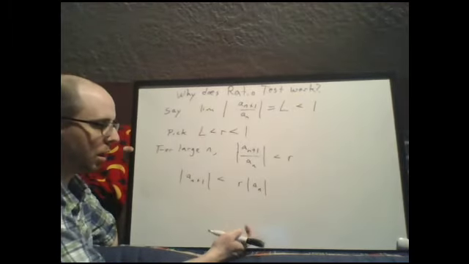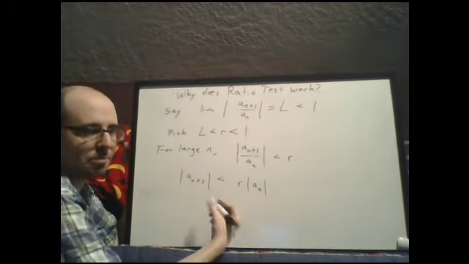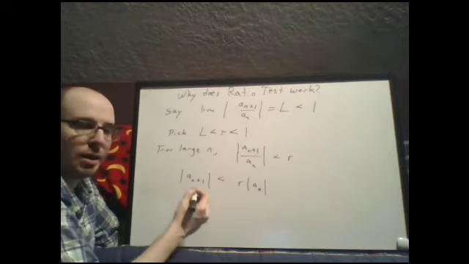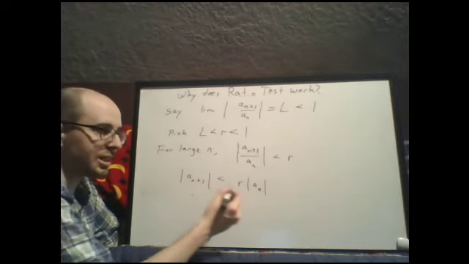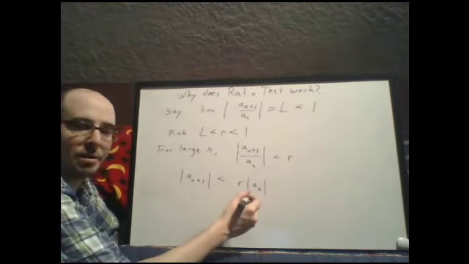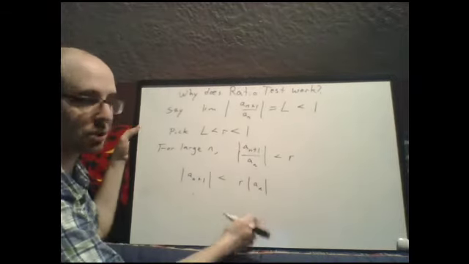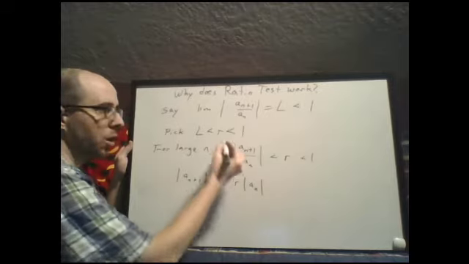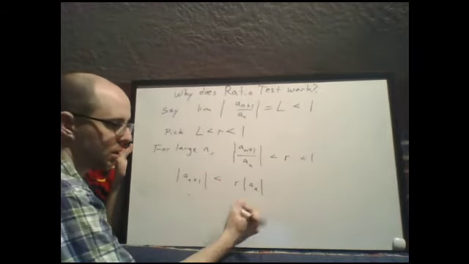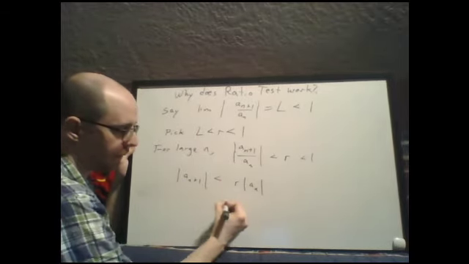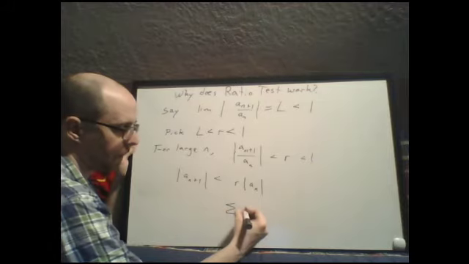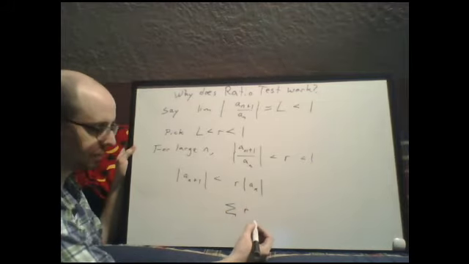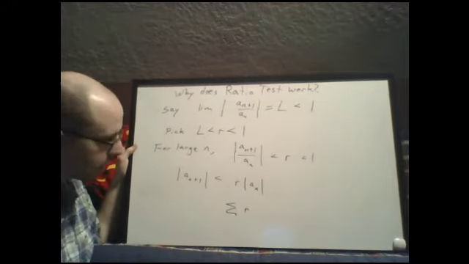All right, so this is with some hand waving here. That tells us that our sequence is less than a certain geometric sequence, where the ratio R is less than 1. I have to renumber it.